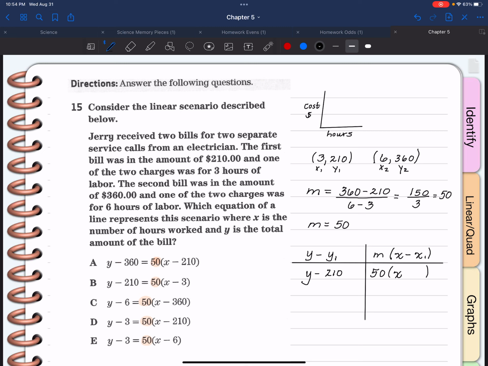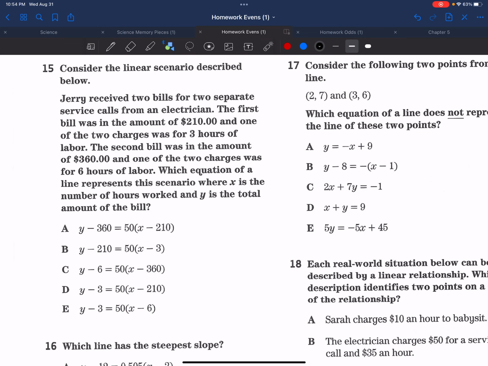So 210 would be the y and 3 would be the x value. And sure enough, that is option B. So number 15 is B as in boy. And I can't remember what page I'm on. It's right there. Number 15 is B.